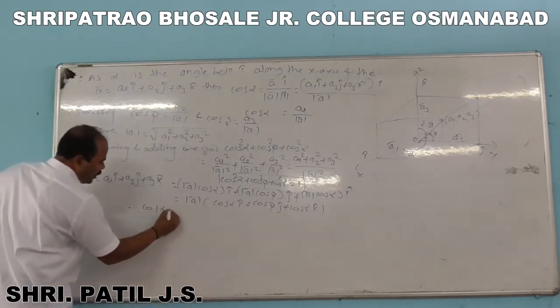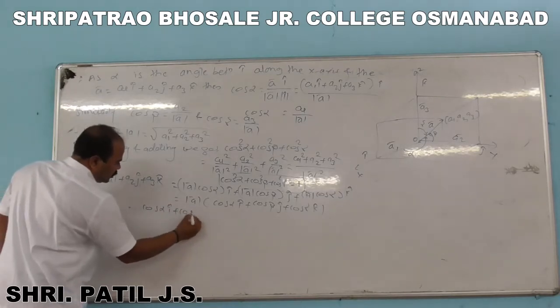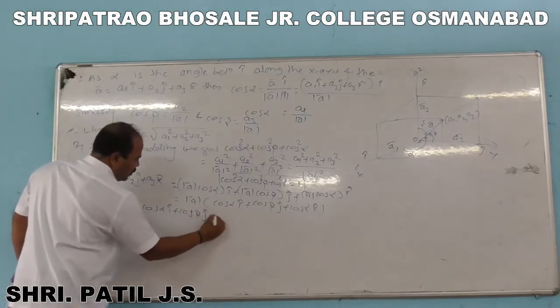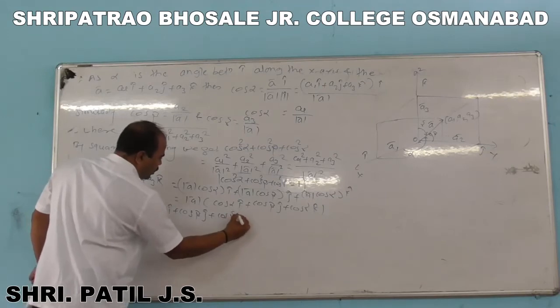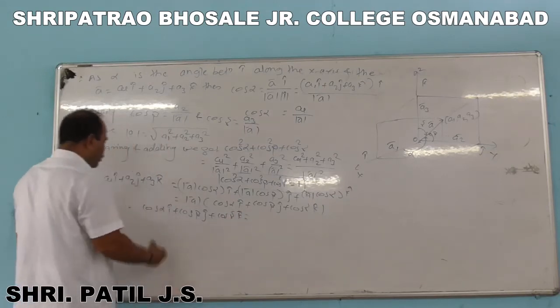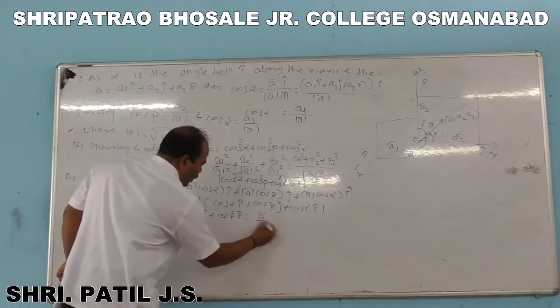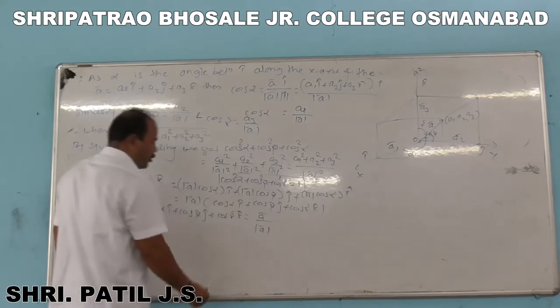Therefore, this cos alpha I cap plus cos beta J cap plus cos gamma K cap equal to A divided by its magnitude.